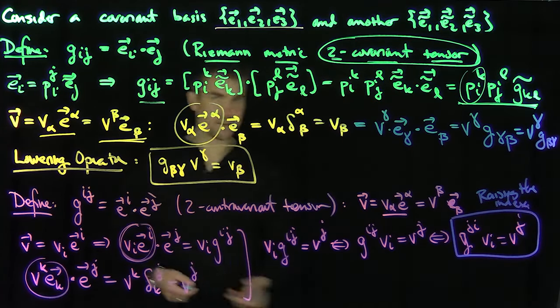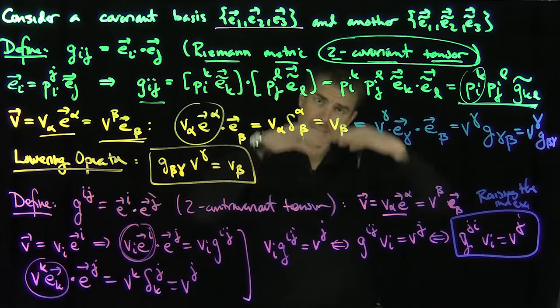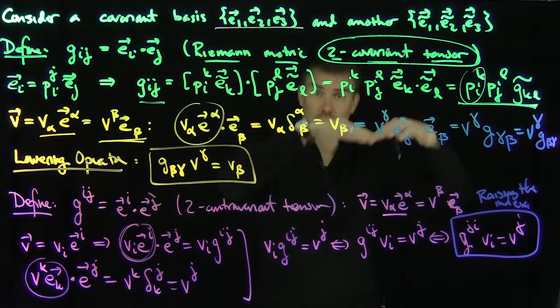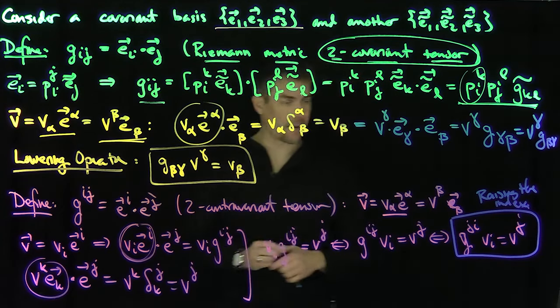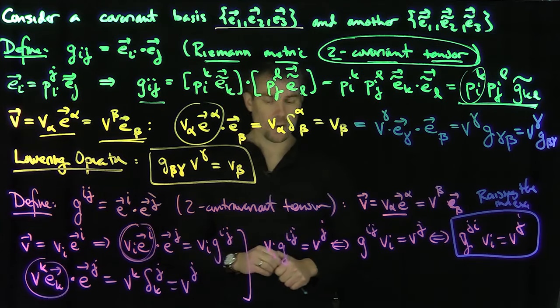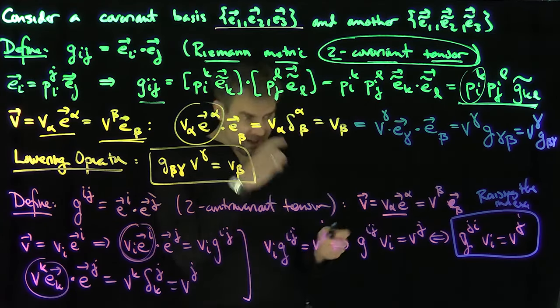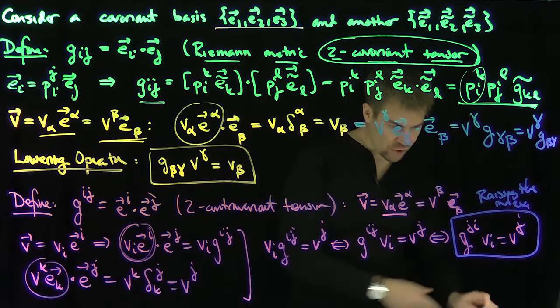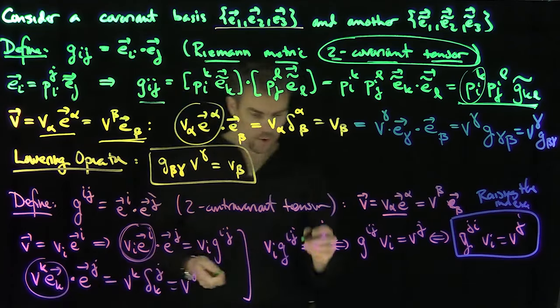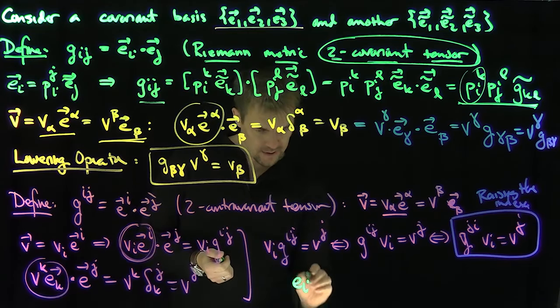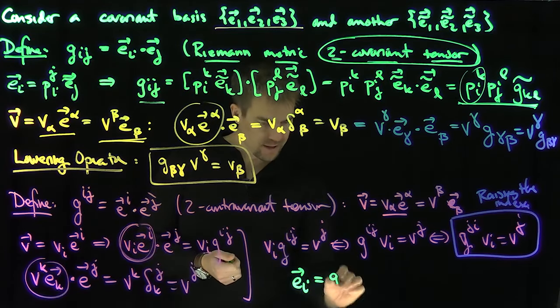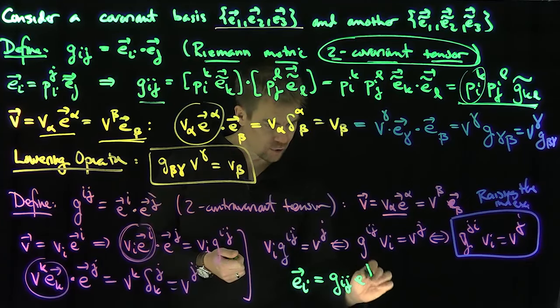In different textbooks, you might see the musical notation, where you call one of these operations flat, making the index lower, and the other the sharp operator, making it sharp. So this is multiplying by the metric or the inverse of the metric. The same thing holds for these coefficients. Since these coefficient relationships are true, we immediately get that E_i lower is the same thing as G_ij and then E^j upper.